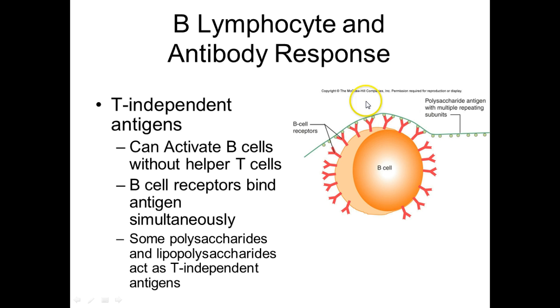Because remember, these antibodies only bind to a specific molecular configuration. But for this particular molecule, it repeats that configuration a lot. And that's why it's able to interact with a lot of the antibodies on the surface of the B cell. And that's enough to let it go forward, skip that step of having to interact with the helper T cell, hence independent of the T cell.